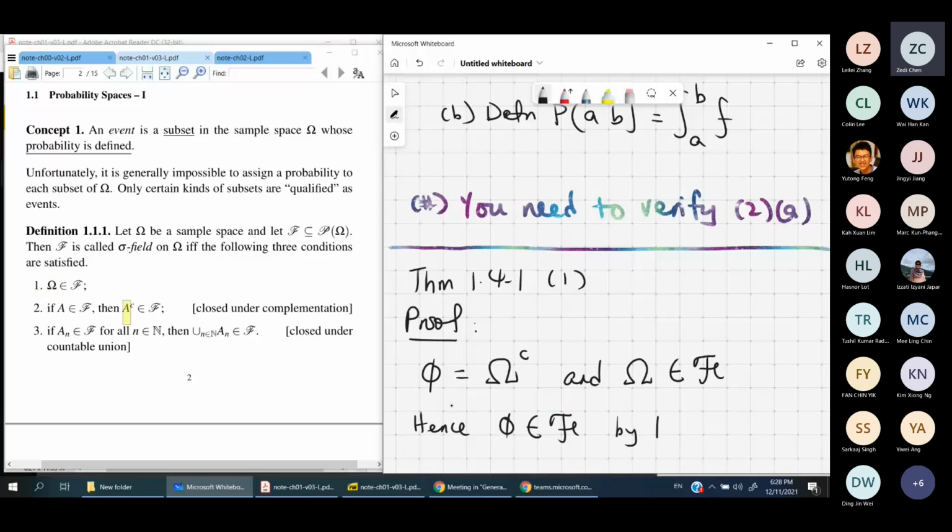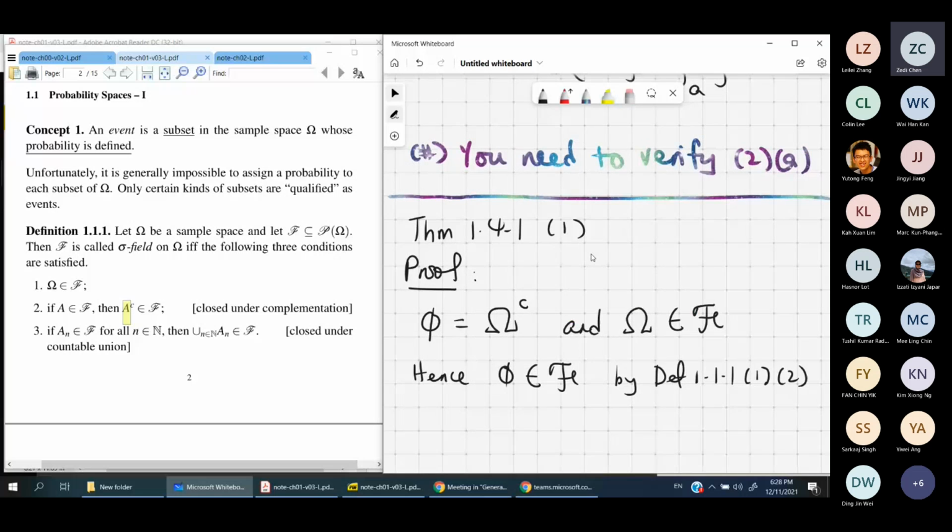This is by definition 1.1.1, parts 1 and 2. So this is the proof of 1.